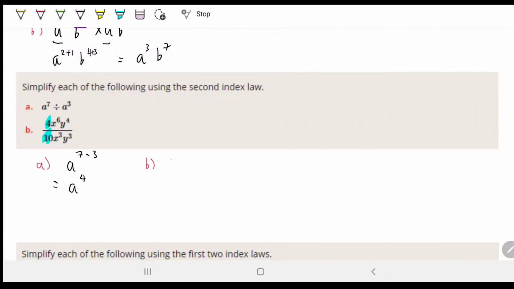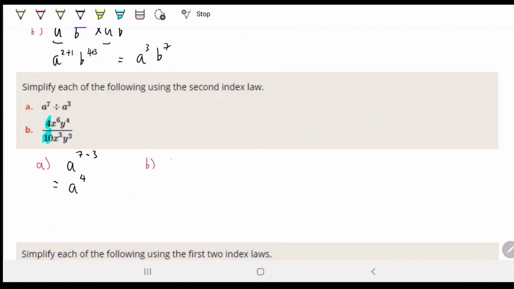So now we want to deal with the x to the 6 and the x to the 3. So x to the 6 divided by x to the 3, you guys would remember if they're the same base and it's division, then you may take away the powers. So it becomes x to the 3.